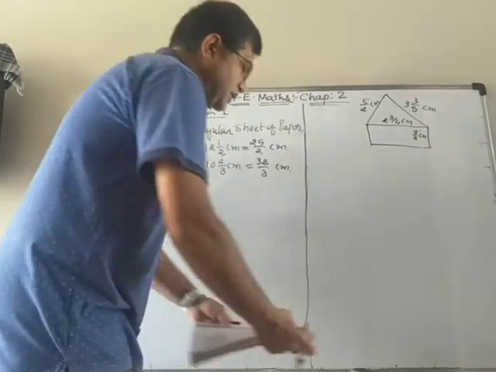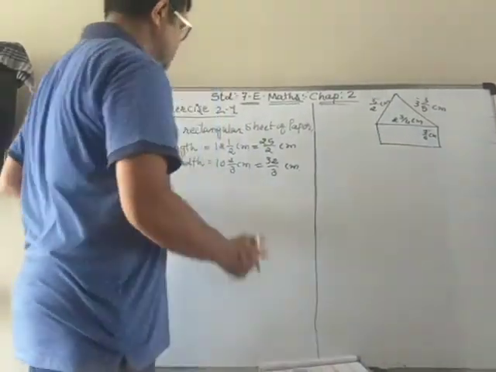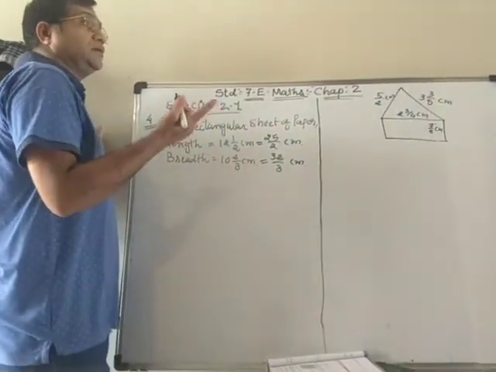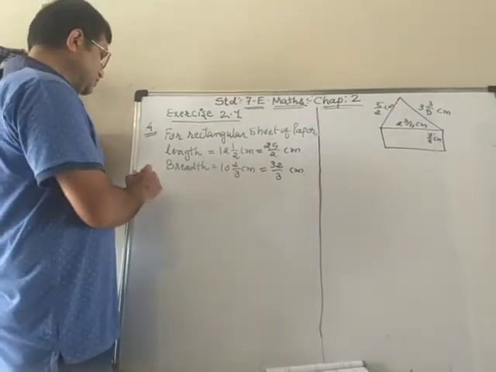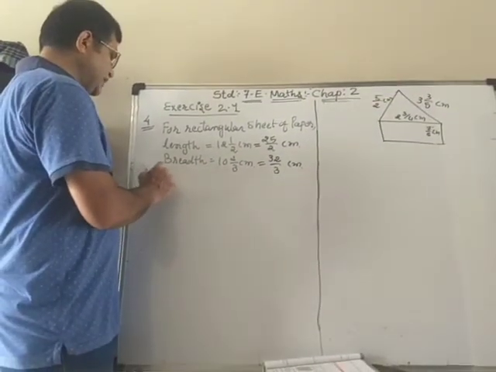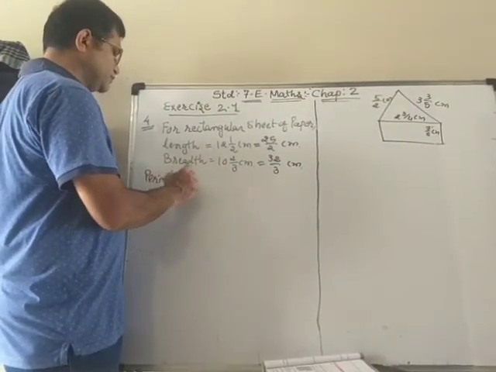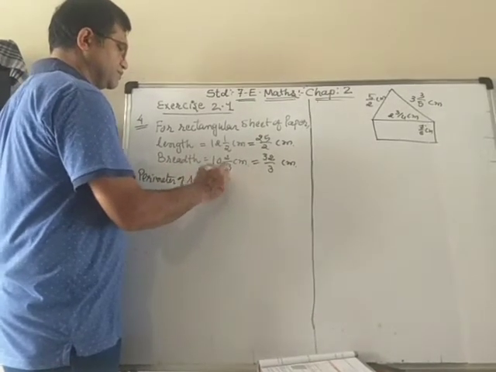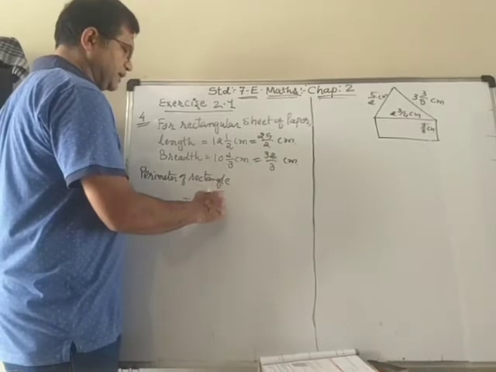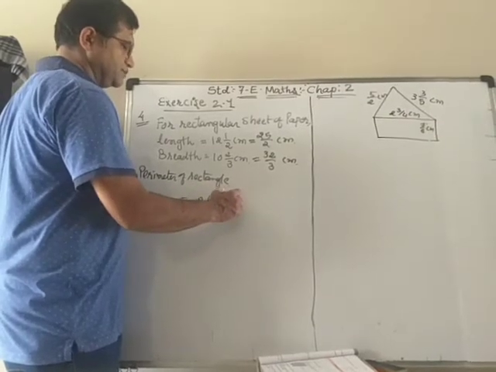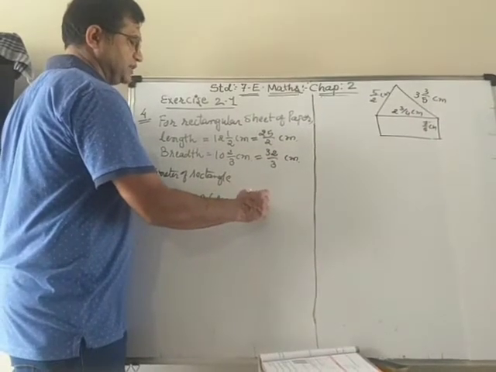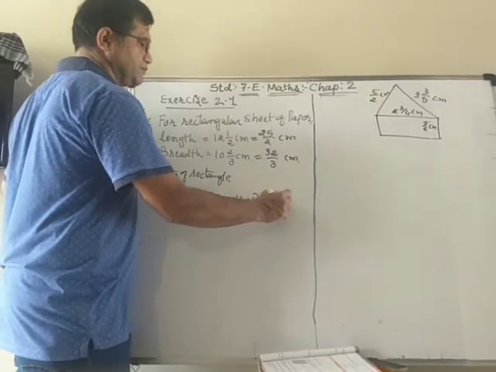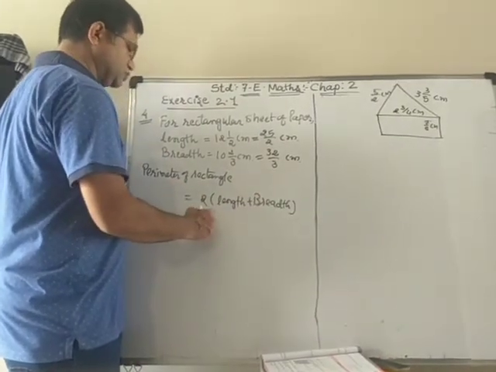Now we have to find the perimeter. So now we know the formula of the perimeter of a rectangle. We know that it is 2 into bracket length plus breadth, is equal to 2 into bracket.